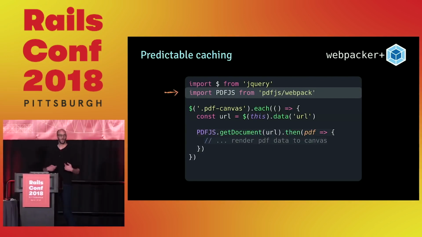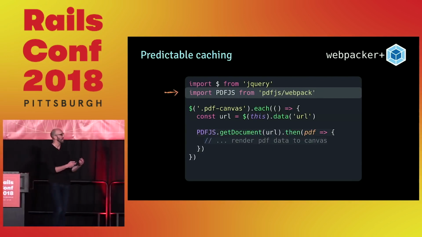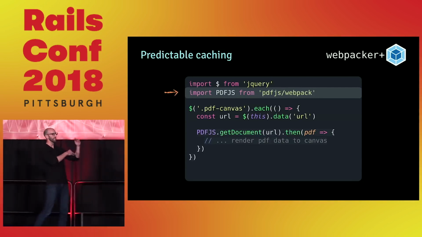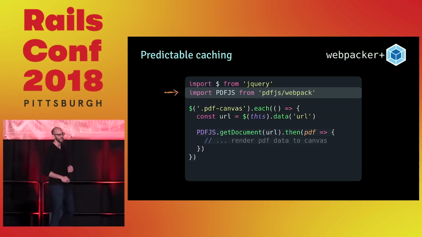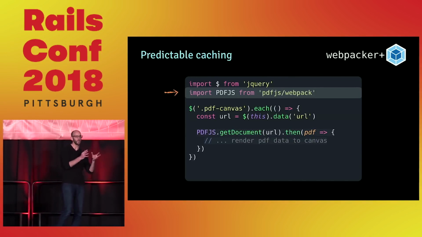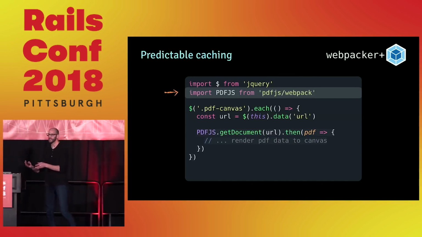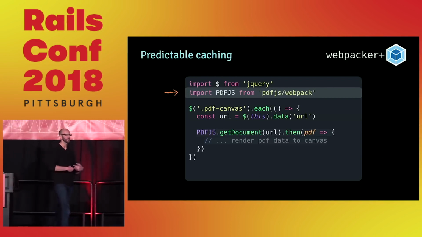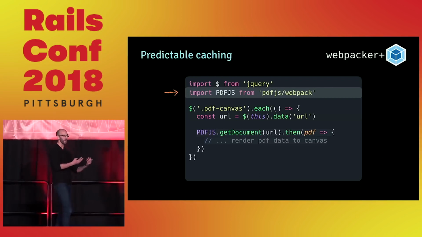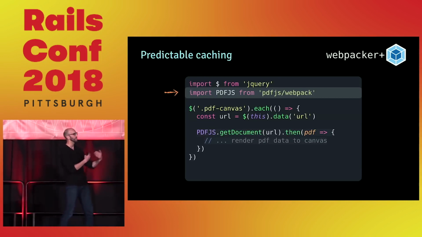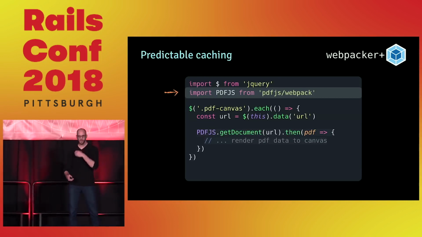So, for example, at LearnZillion, we use PDF.js to render PDF documents into Canvas elements, but we really only need this on one particular page of the site. And it wouldn't really make sense to put this in our vendor bundle and force users to download this package on every single page load.